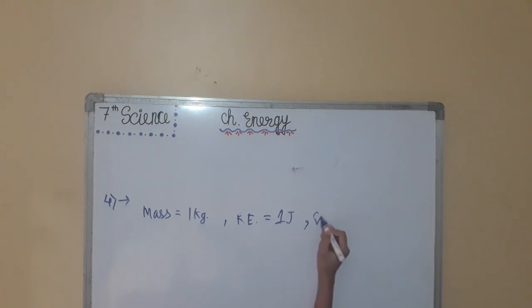What is velocity? So, we know that kinetic energy is equal to half into mass into velocity square.